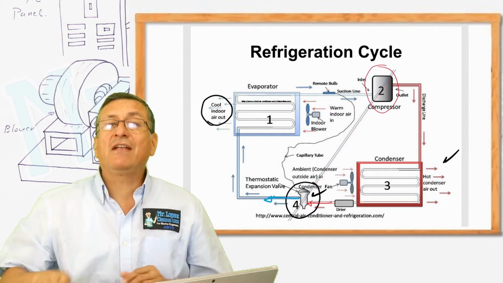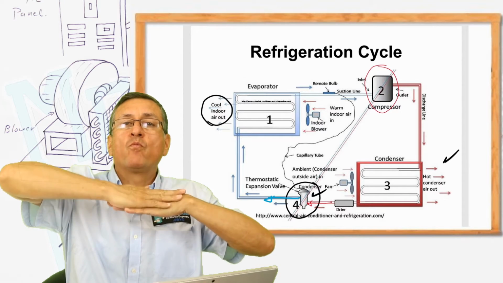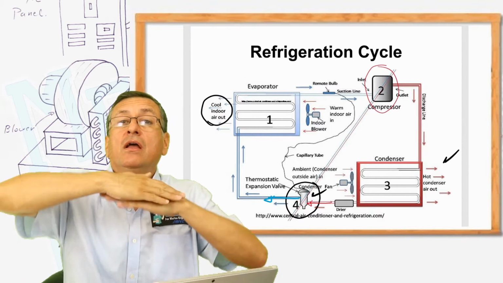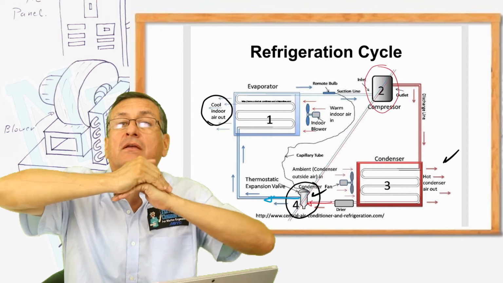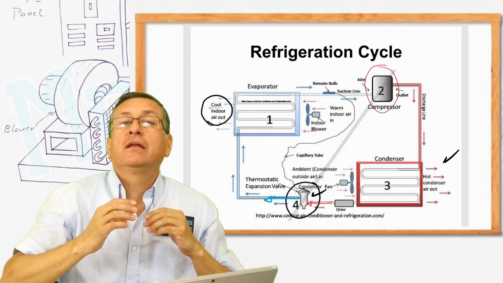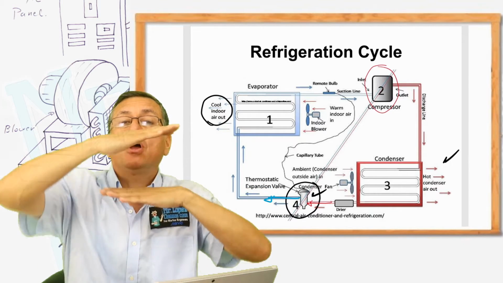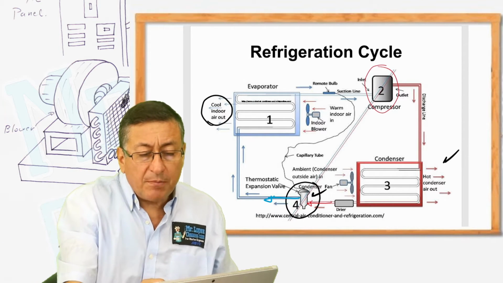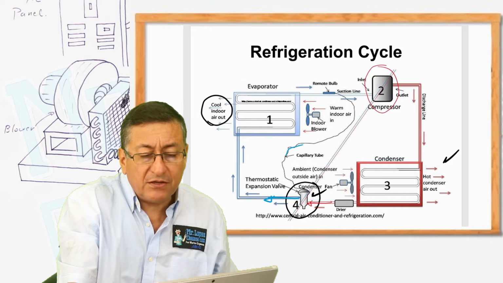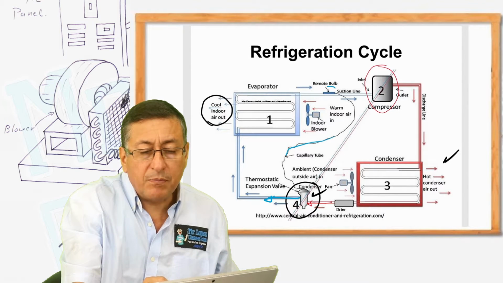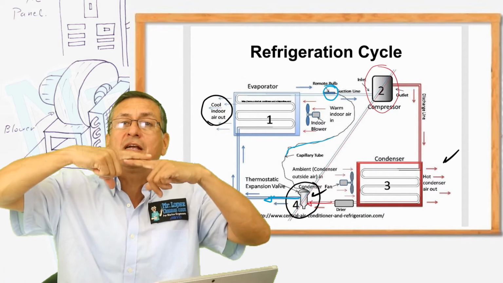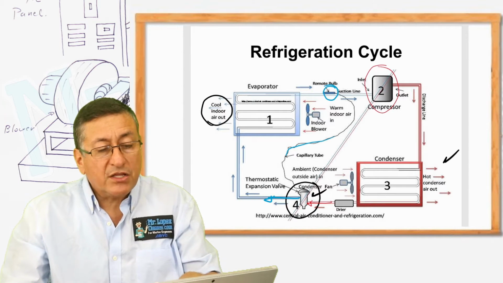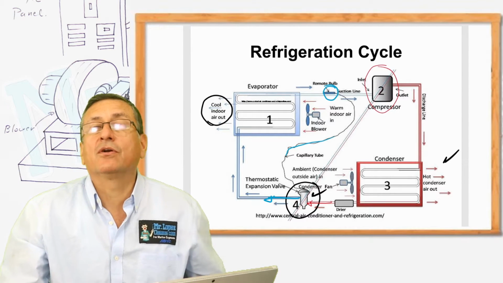The thermal expansion valve internally has a diaphragm, and the diaphragm deforms, extends and returns depending on the pressure inside of the diaphragm, and that pressure is coming from this bulb. This bulb is attached to the return pipe from the evaporator.